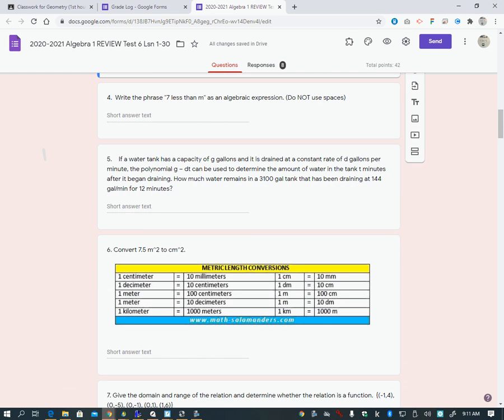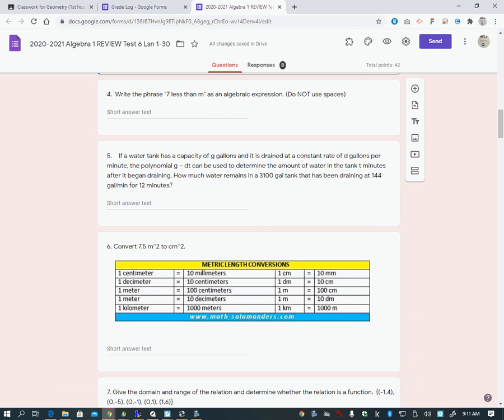All right. 4, write the phrase 7 less than m. A bunch of you made a mistake on the last test when we saw this because you are reading less than like it's asking for an inequality symbol. It's not. Okay? We're looking in terms of subtraction or addition, not inequality. 7 less than m.